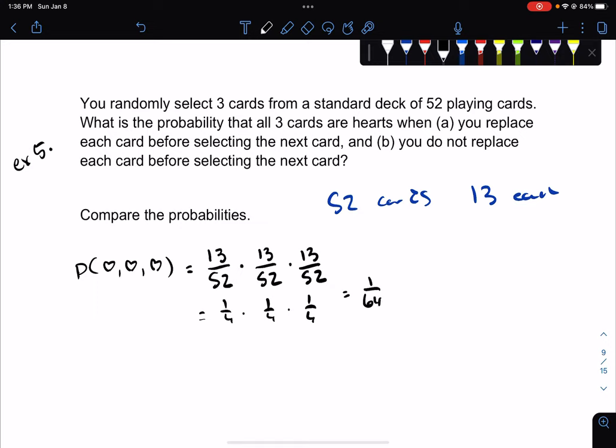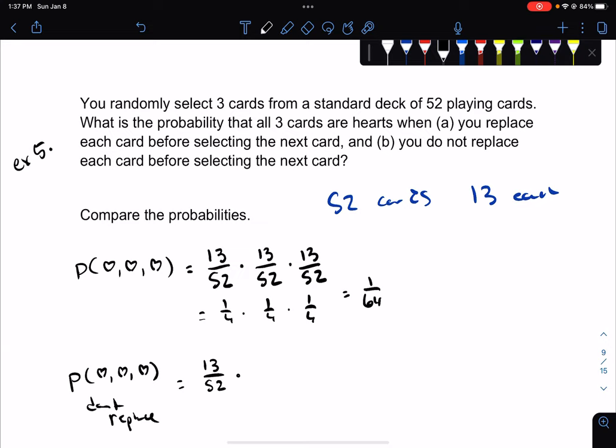1/64. Okay. Probability of getting a heart and then a heart and then a heart if I don't replace, if I don't put it back, is going to equal the first heart. There's 13 out of 52 chances.